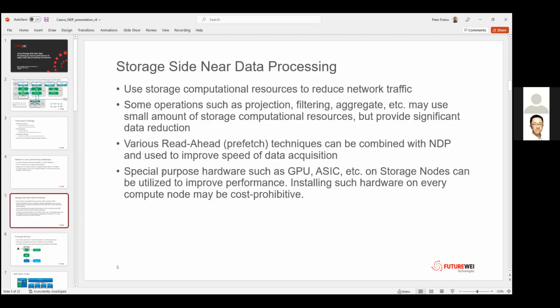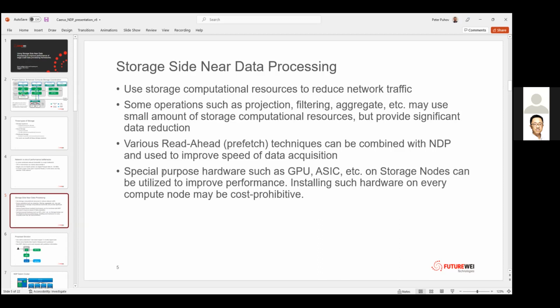Now, storage side near data processing. So the main idea is to use the storage capability to perform some data operations to reduce the network traffic. And this is the sole reason for what we're proposing here. Some operations, again, projections, limit the number of columns.